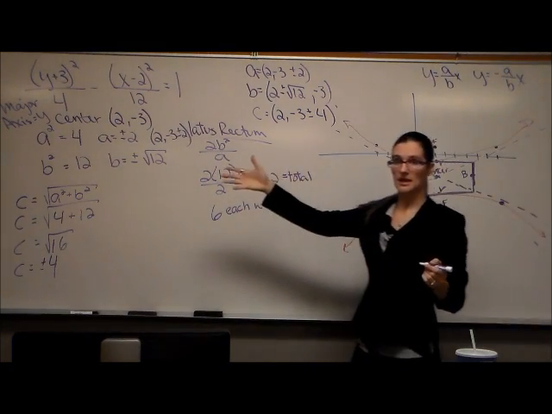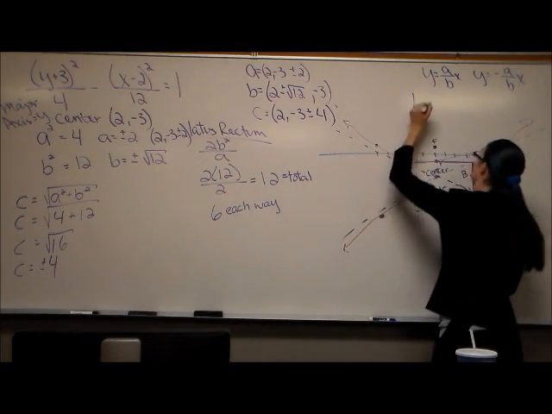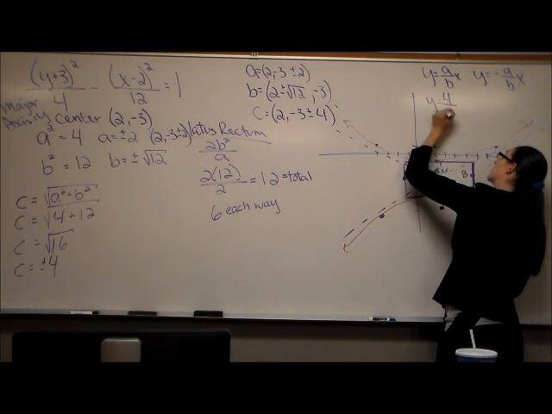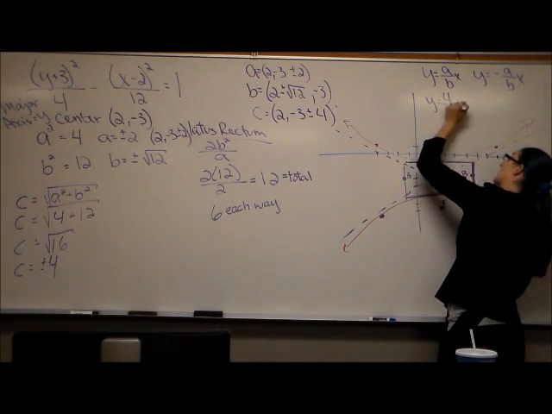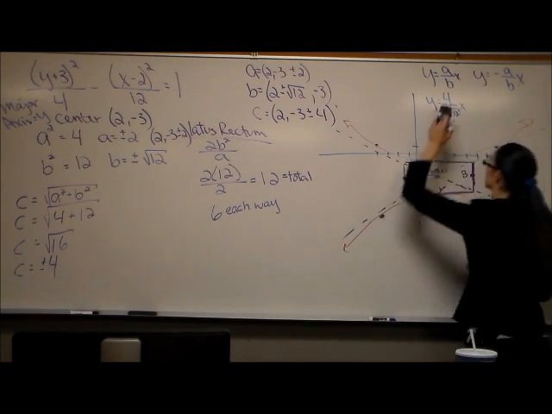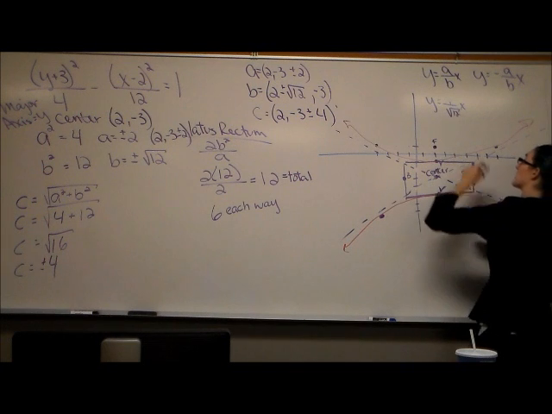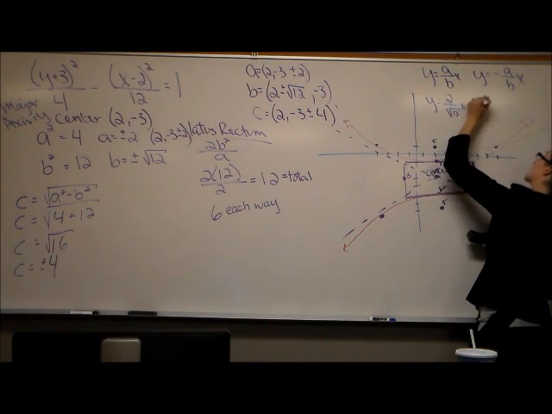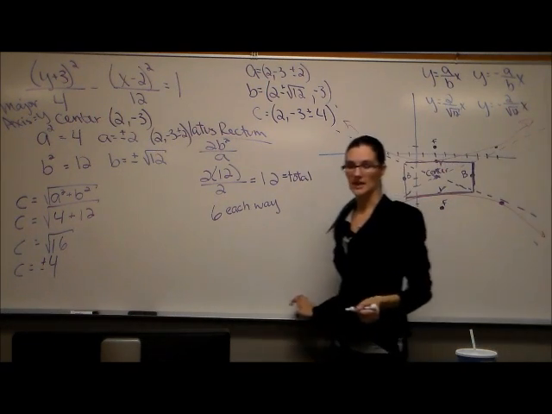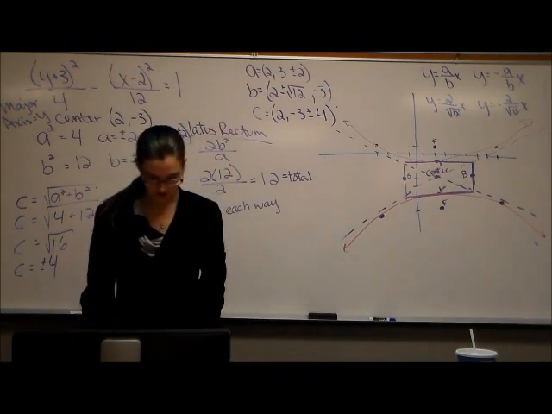We know a, we know b. So you get y equals 4 over the square root of 12 x. 2 over the square root of 12 x, I'm sorry. Make sure it's a, not a squared. And y equals negative 2 over the square root of 12 x. For your diagonals. That's all you're going to have to do.